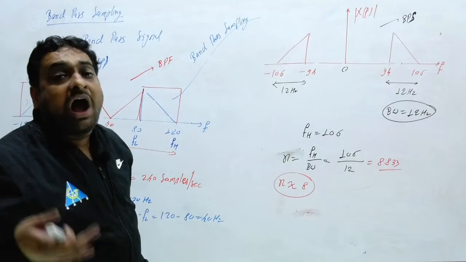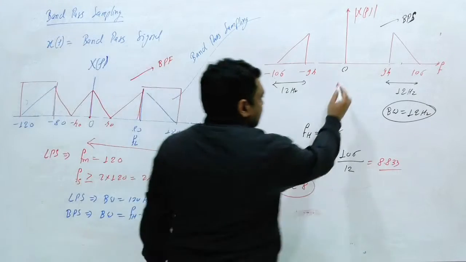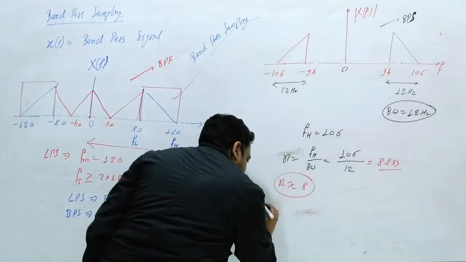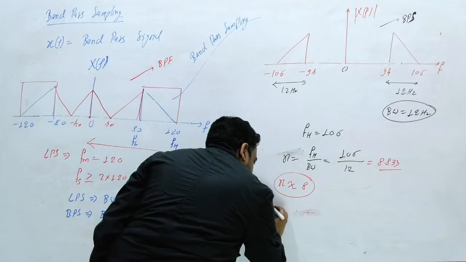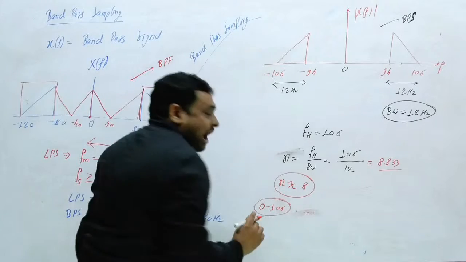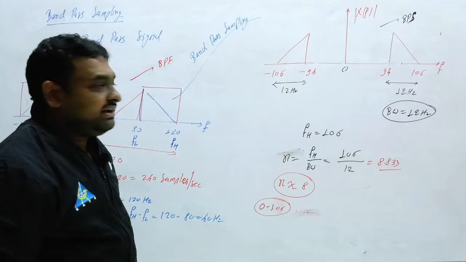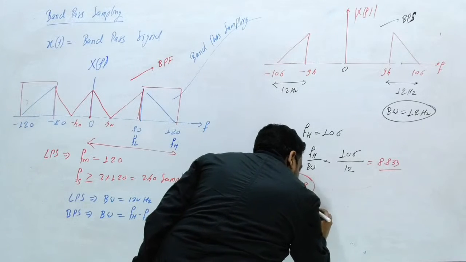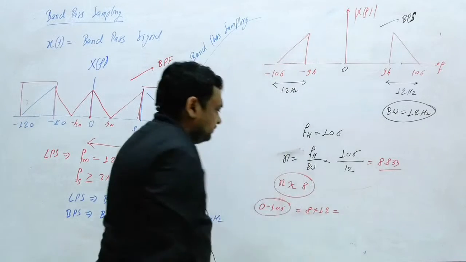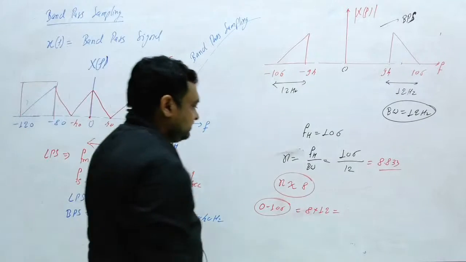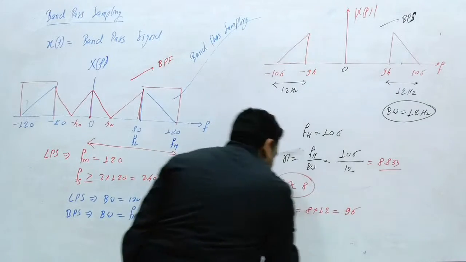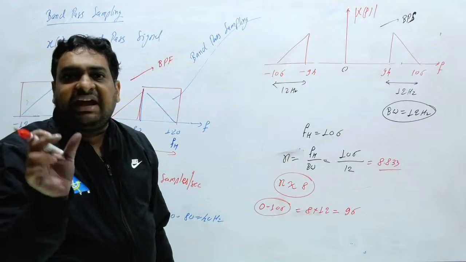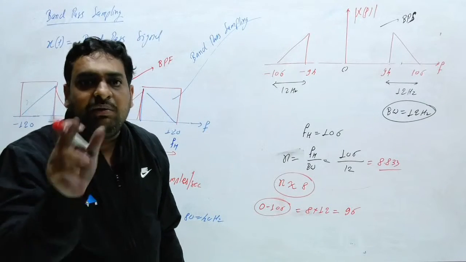If I ask you how much space will be wasted: from 0 to 106, how many samples are you considering here? Total 8, so 8 into 12, which is 96. And this is 106. So 10 hertz of bandwidth is wastage.